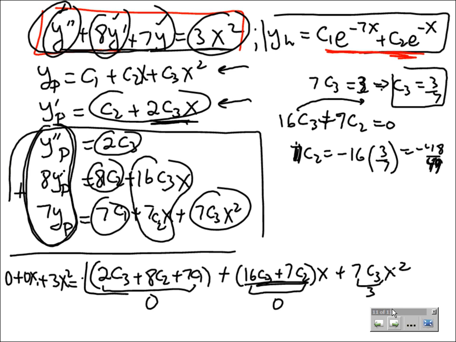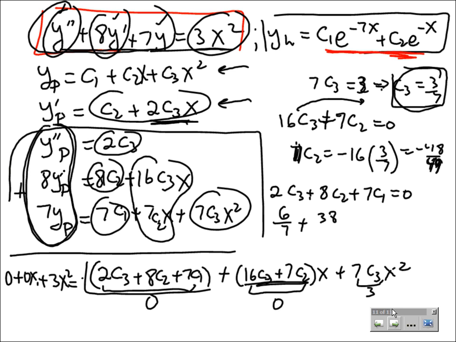Okay, now this last one, 2C3 plus 8C2 plus 7C1 is 0. But 2C3s, 2 of these, will be 6 over 7. 8C2s would be negative 384 over 49. Plus 7C1 equals 0.